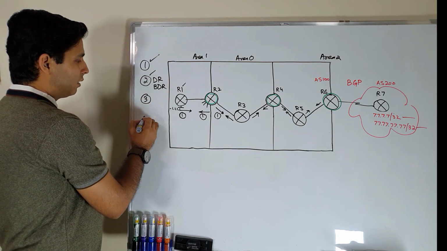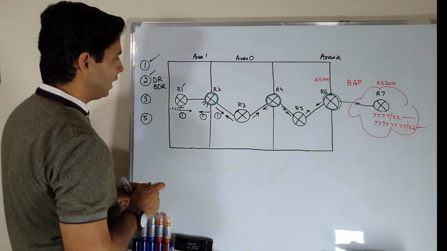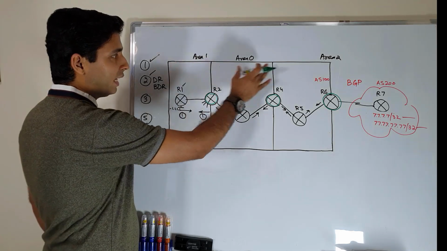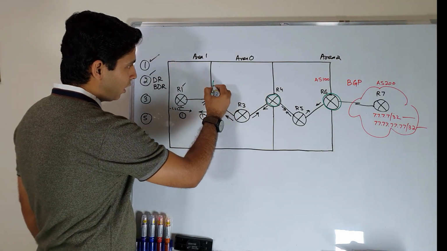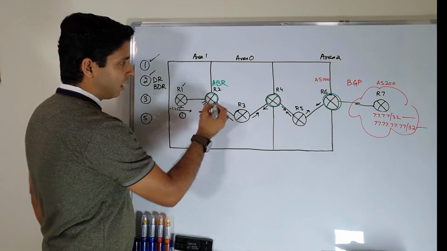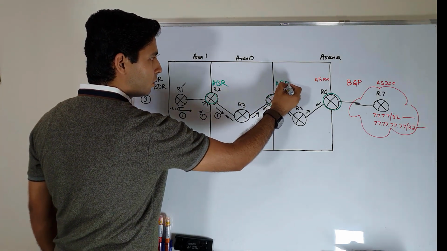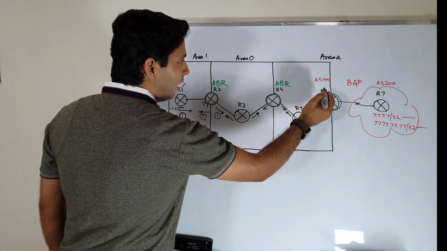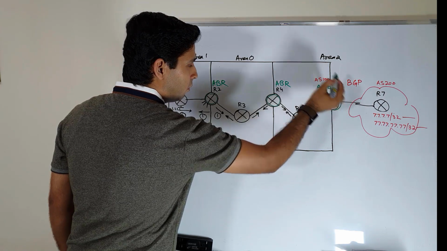Then we go to LSA3 and LSA5. LSA3 is generated by each ABR. Between areas we have border routers which are called area border routers, ABR. Let's say R2 is an ABR, R4 is also an ABR, and R6 is called an autonomous system border router.